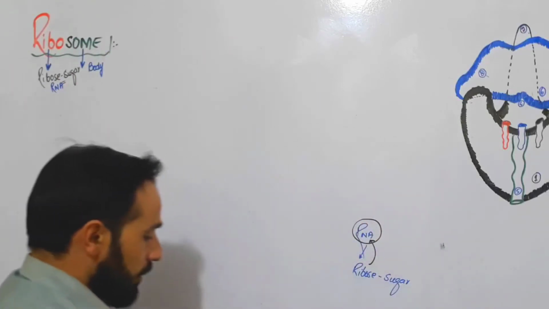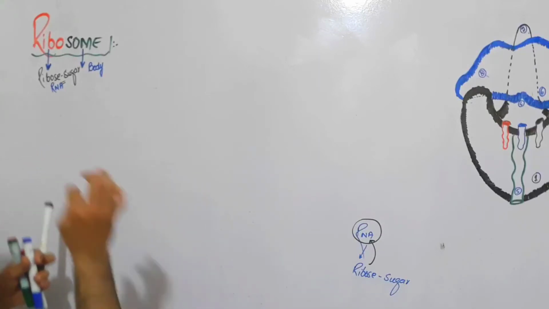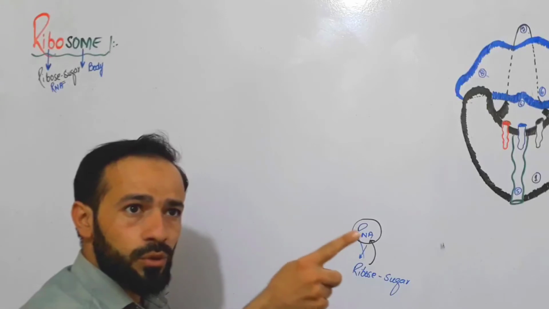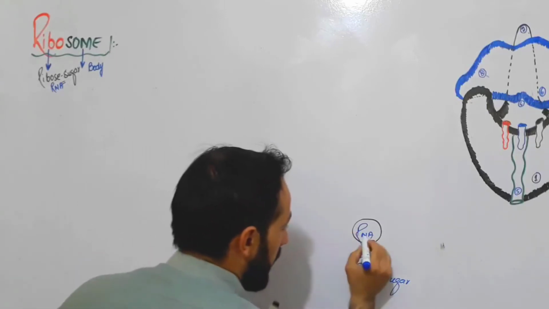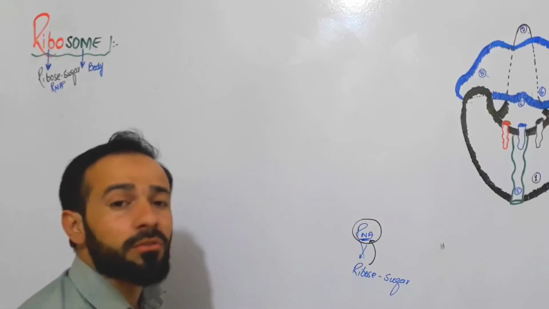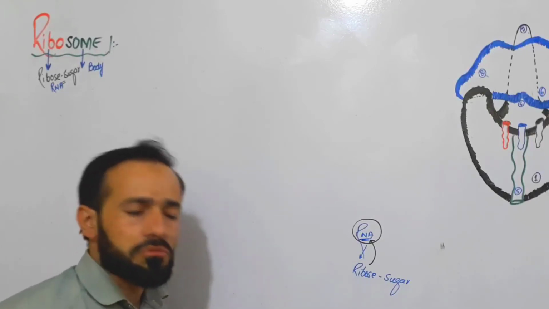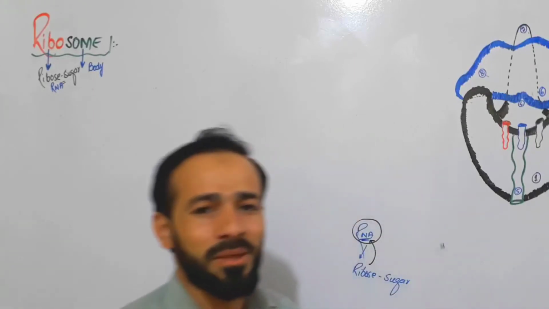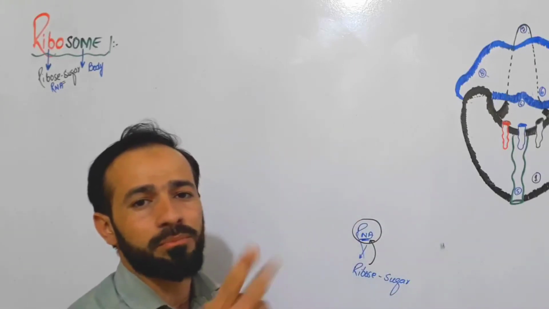What does it mean? Ribonucleoproteins: two words, ribonucleo and proteins. Ribonucleo means RNA, right? And proteins, so some proteins are also present there.